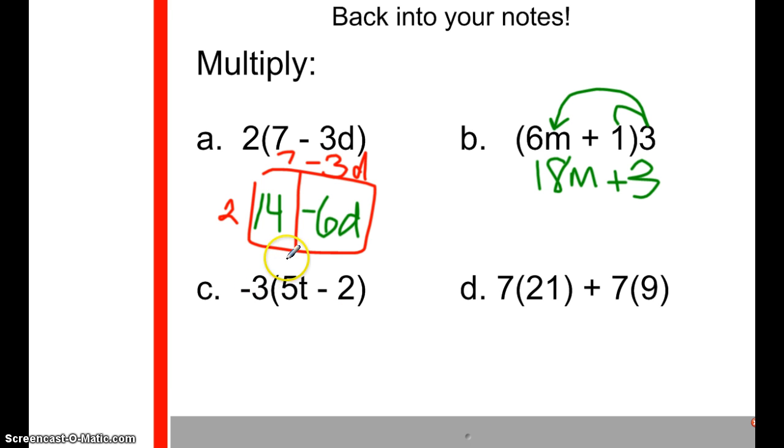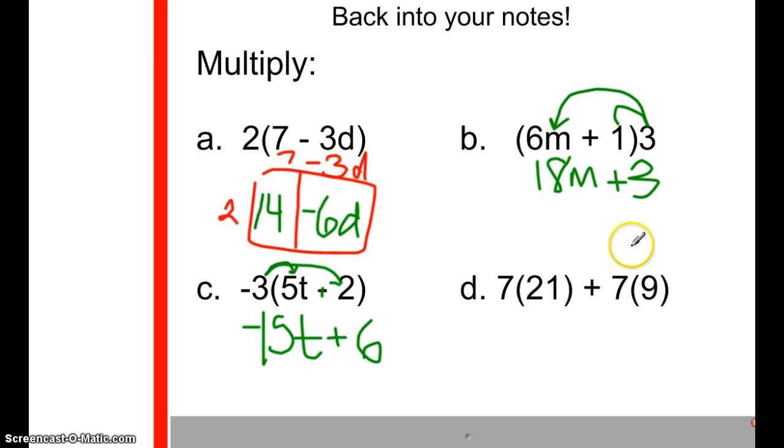Here we go, 3 times 5t. Oh, but that's a negative. That gives me negative 15, and I've got to put the t in. Then negative 3 times, don't miss this, if you have to, keep change. Negative times a negative makes positive 6. Be really careful with those negative signs.